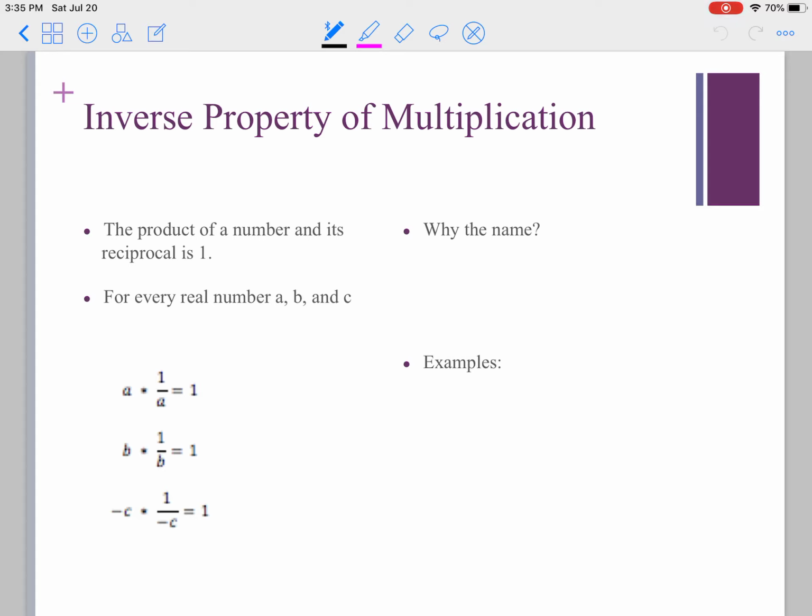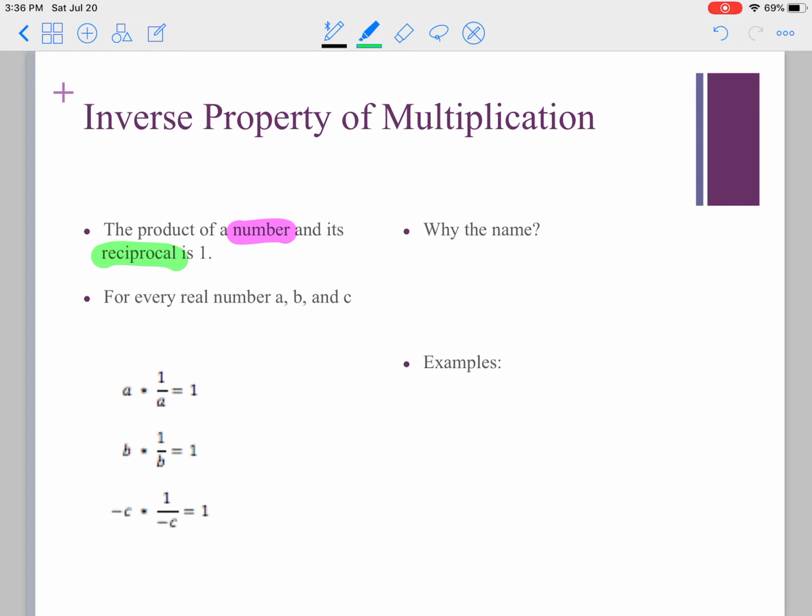This property is called the inverse property of multiplication. Now, as you recall, we also have an inverse property of addition. Please do not confuse the two. The inverse property of multiplication is the multiplication of a number and its reciprocal.